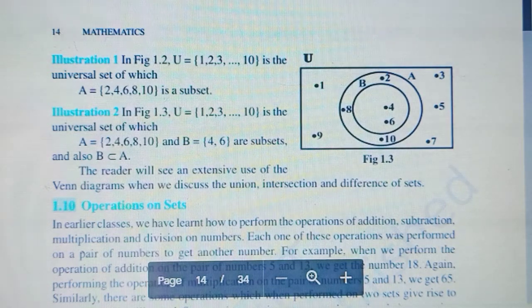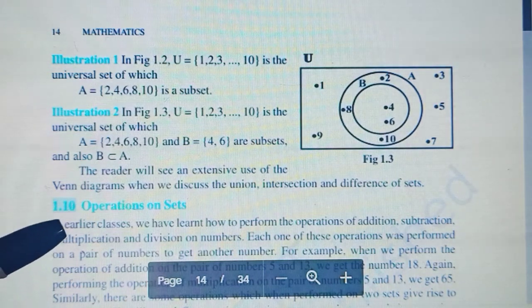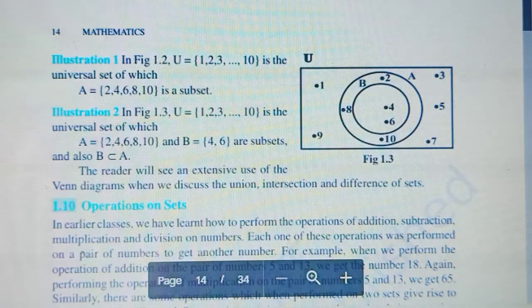The next topic they have introduced here is operations on sets. Like in your junior classes you were introduced to the number system, where there were operations on numbers that you had studied: addition, subtraction, multiplication, division. If you have two numbers, what all can be done with those two numbers? That means operations.